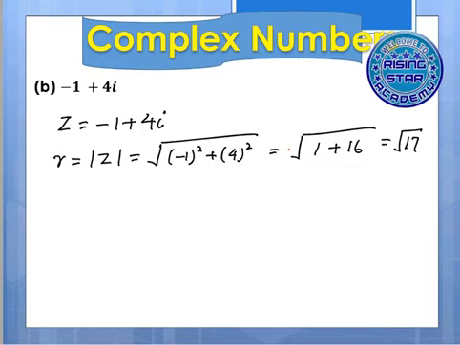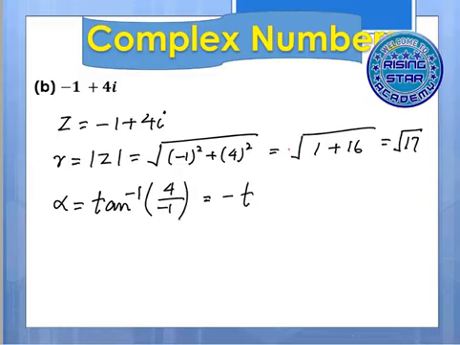Now we find alpha. So tan inverse of b value over a value. So that would become negative tan inverse of 4. So the value is lying in the second quadrant.